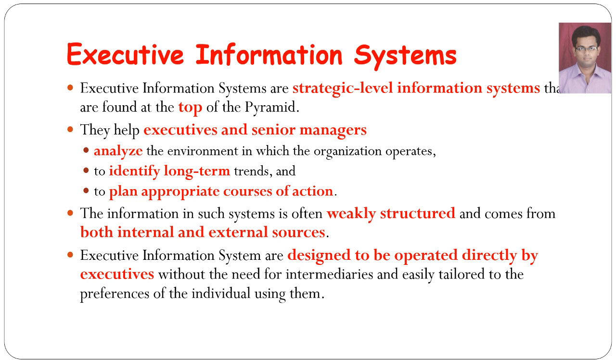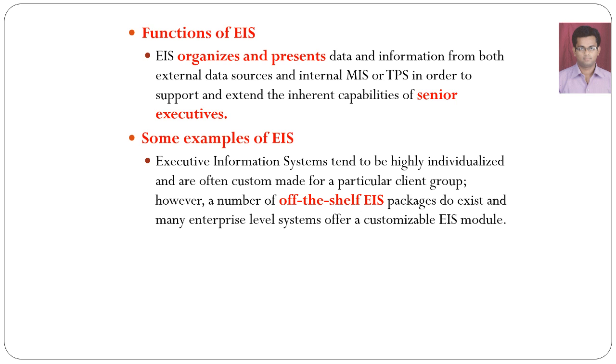The information in such systems is often weakly structured and comes from both internal and external sources. Executive information systems are designed to be operated directly by executives without the need for intermediaries and are easily tailored to the preferences of the individuals using them.